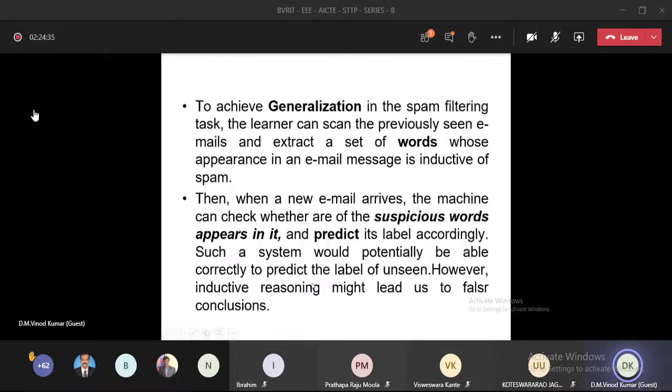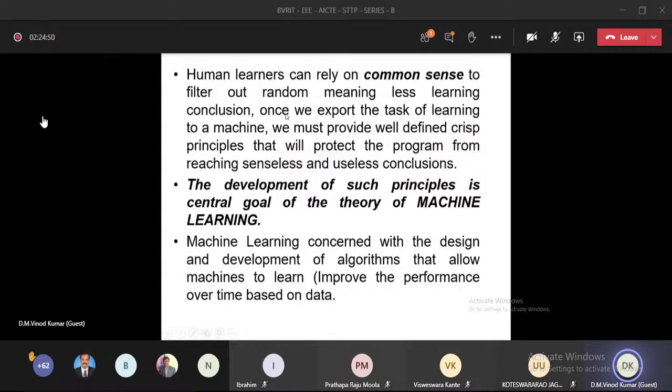However, inductive reasoning might lead us to false conclusions. Most of the time, human learning is required, and therefore reasoning is a must. Humans can rely on common sense to filter out meaningless learning conclusions.